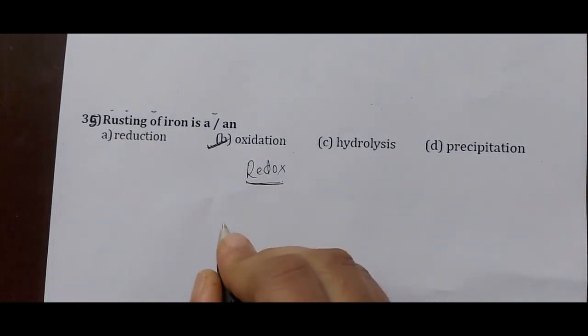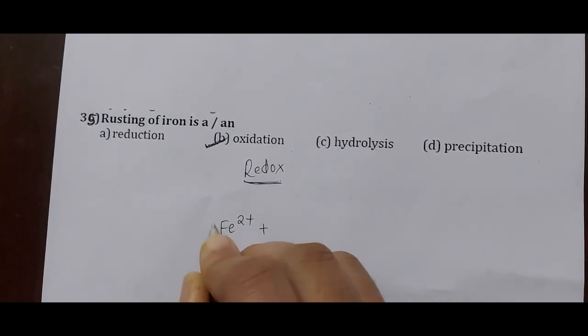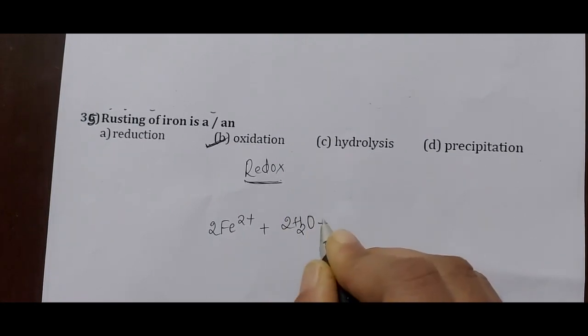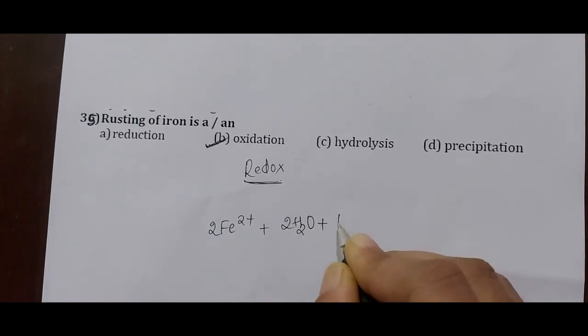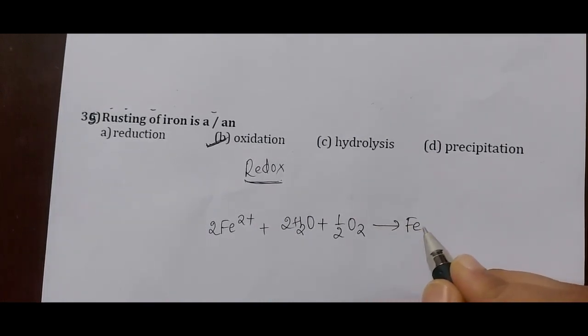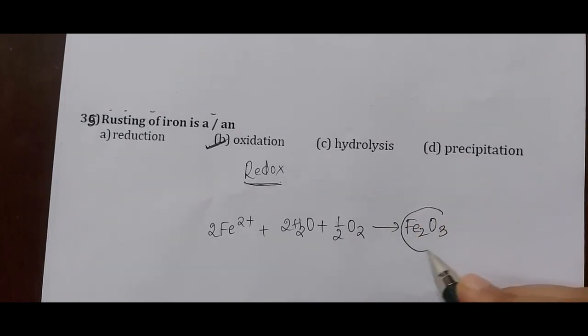Why? Because when it rusts, what was the reaction we have already discussed there, Fe plus 2H2O plus half O2 results in the formation of Fe2O3, which is iron rust.